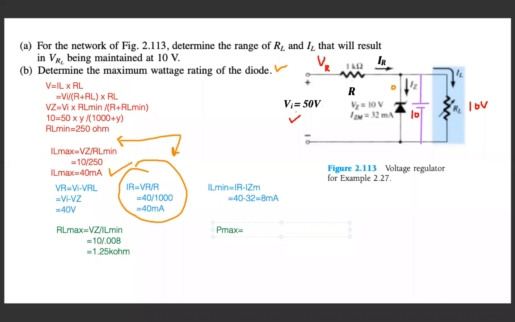It is asking for maximum, so P max. It is simply equal to IZM max into VZ. Yes, into VZ. तो ये आपका कितना बन जाएगा? 32 मिलीवोल्ट, 320 मिलीवोल्ट. ठीक है.